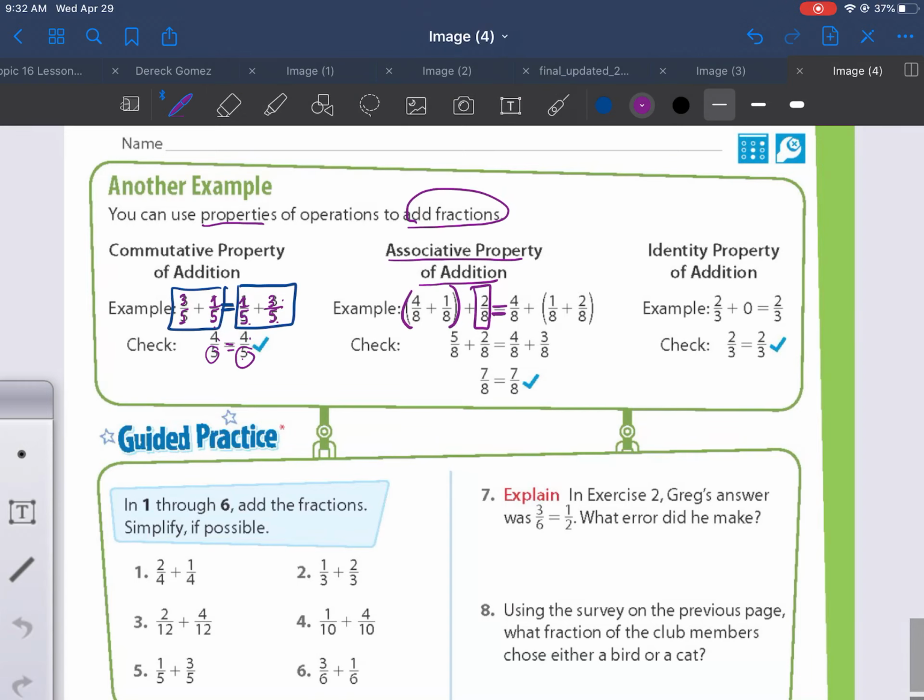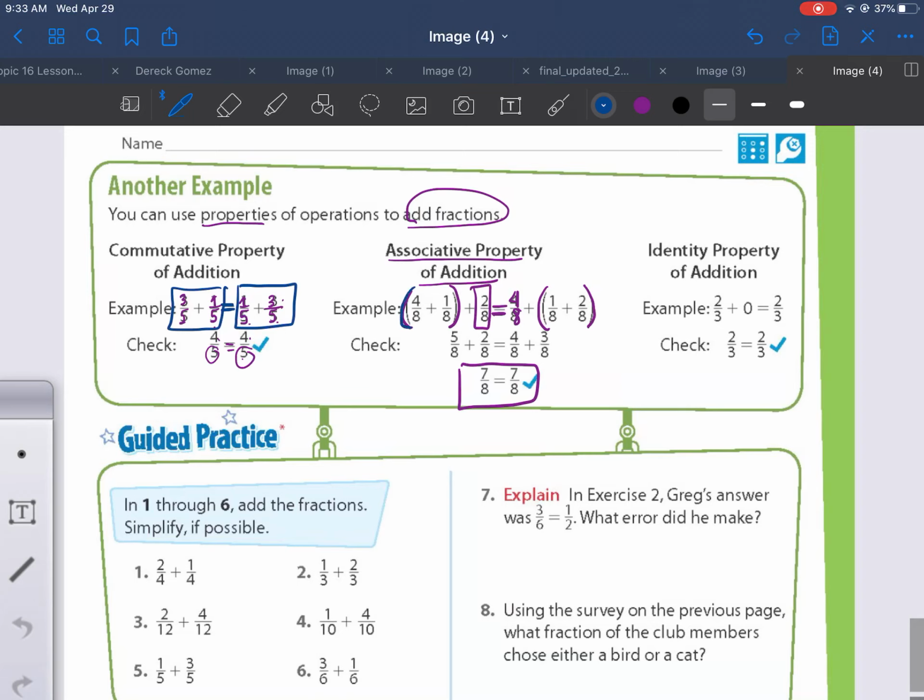Then you get your sum and then you add the 2/8. On the right-hand side, instead of putting 4/8 and 1/8 together, they put 1/8 and 2/8 together. But you still have the 4/8. The answer is going to be exactly the same answer.